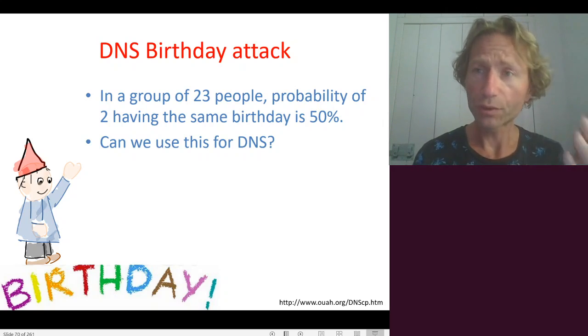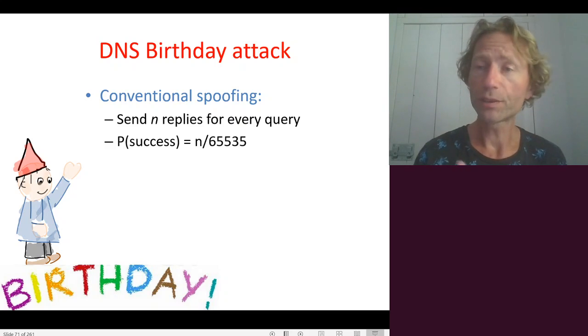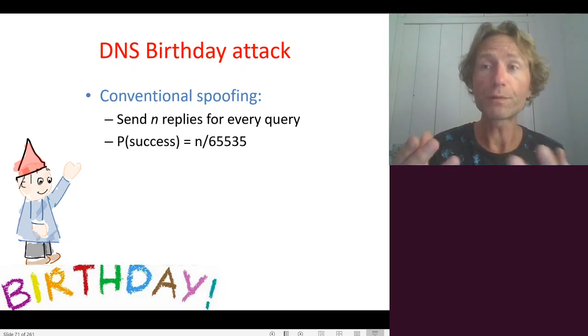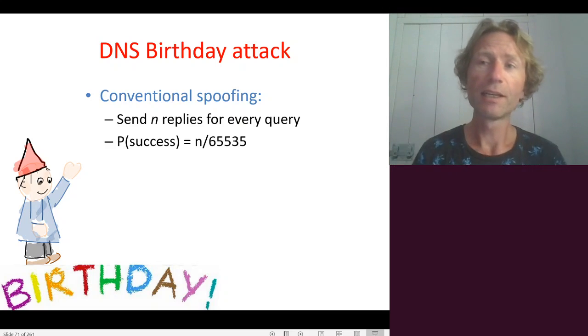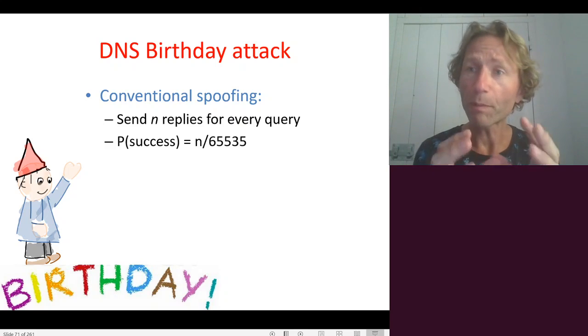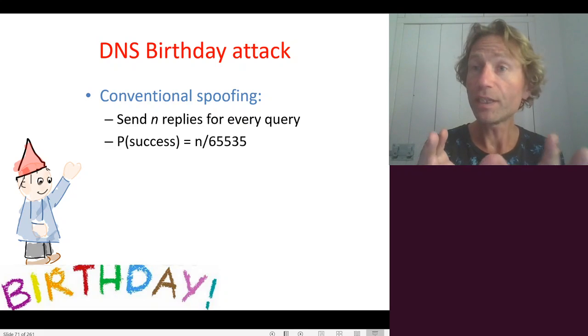Okay, to illustrate this, if we do conventional spoofing, we send a request to a name server for a symbolic name, and then we send spoofed replies, pretending to be the next name server providing the reply. The probability of us guessing the query ID correctly is very small, right?